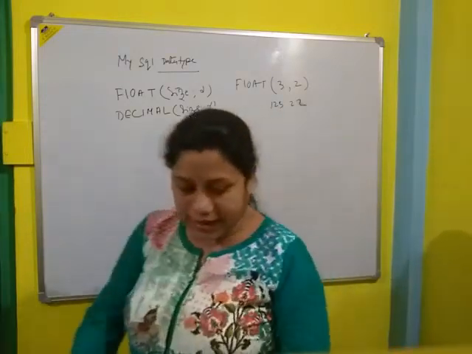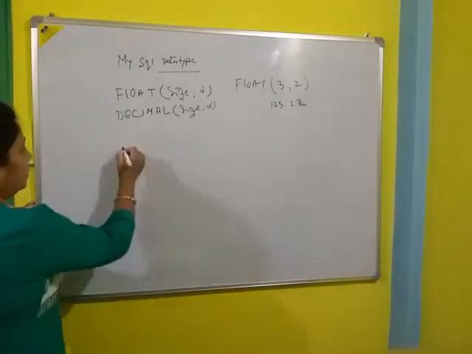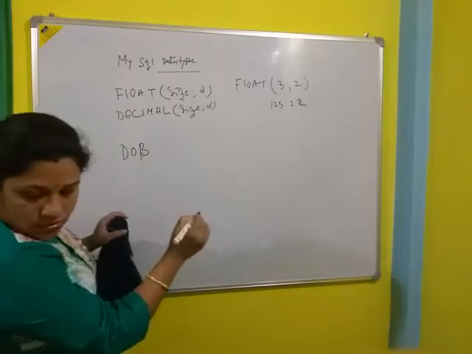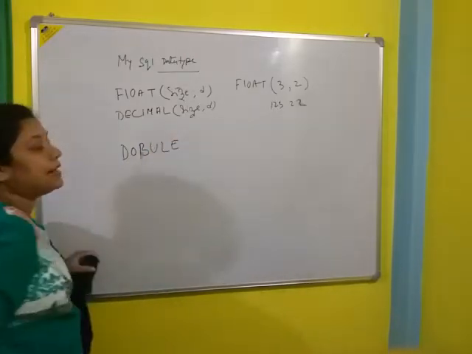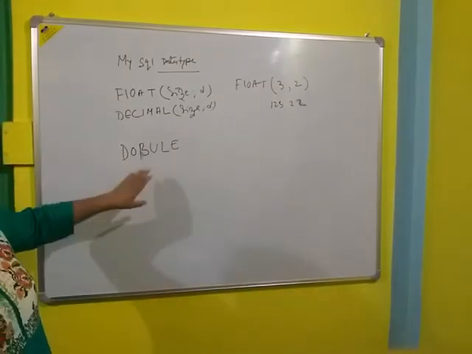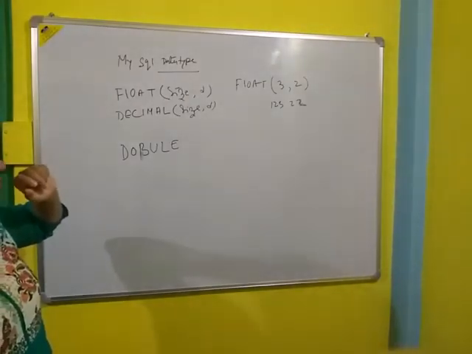After that, one more is double. Actually this data type is a part of the float or decimal type data types.